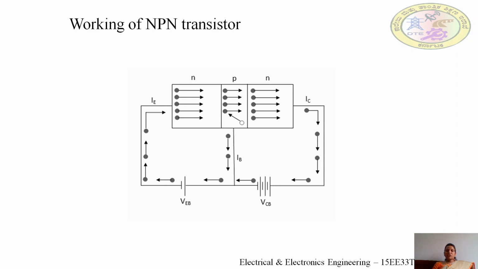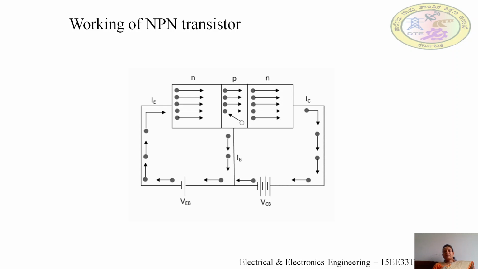So in this picture, the direction arrow mark shown is for the electron movement. So please note this, the direction shown here is the electron current direction, but the conventional current direction is opposite to the electron flow direction. So let me come again. The emitter emits the majority charge carrier, which are electrons in case of an NPN transistor.